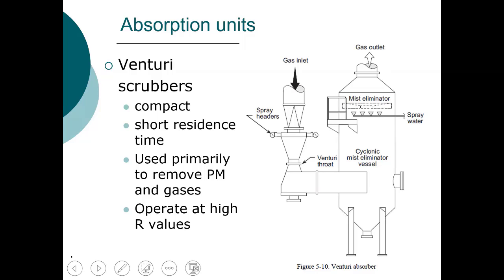So again, the unit is essentially the same. The difference is previously when we talked about wet scrubbers, we were looking at removal of particulates. Now we're looking at mass transfer of a chemical across the air-water interface.